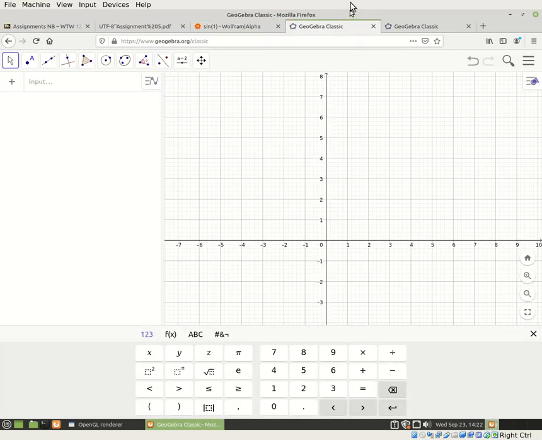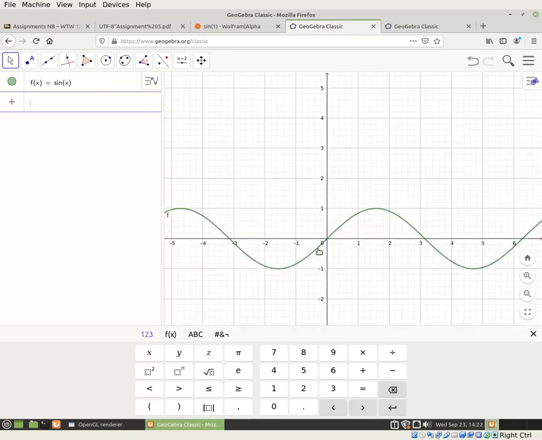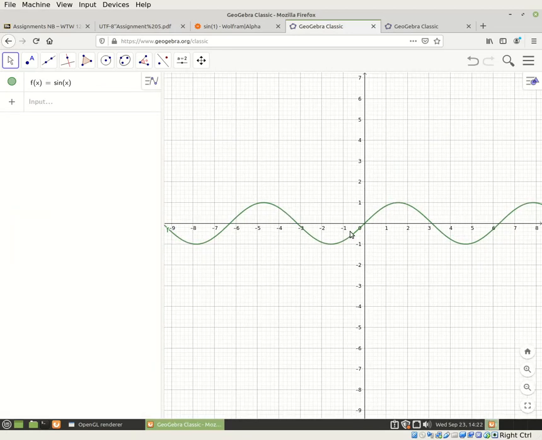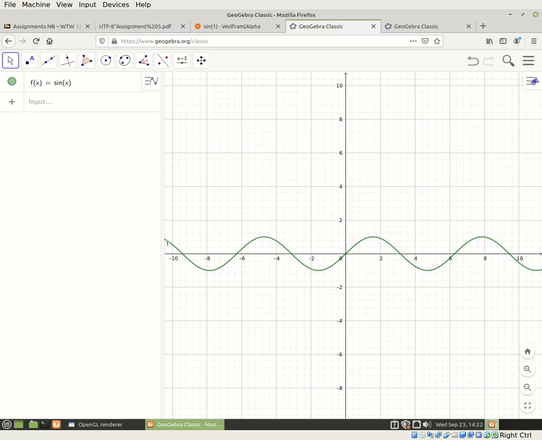So now I'm going to demonstrate to you just by graphing some Taylor polynomials. We are interested in sine. There we've got a nice sine graph, nothing special.